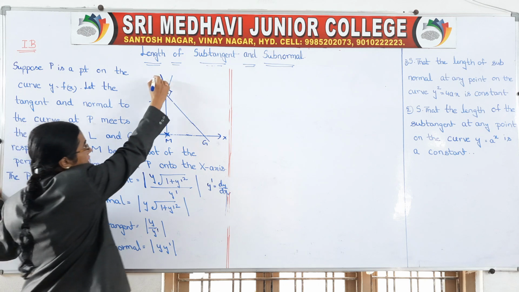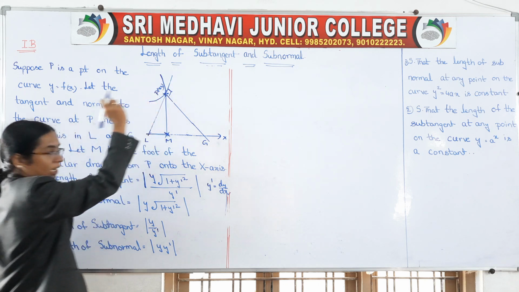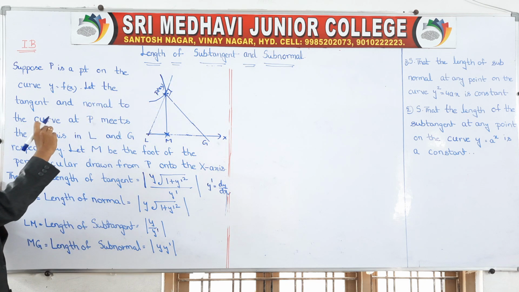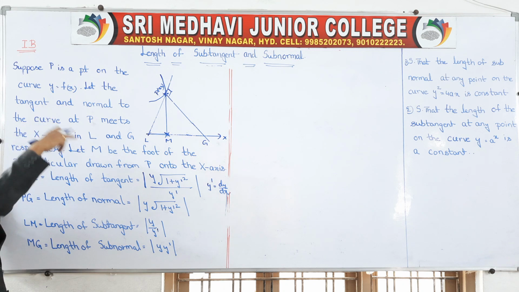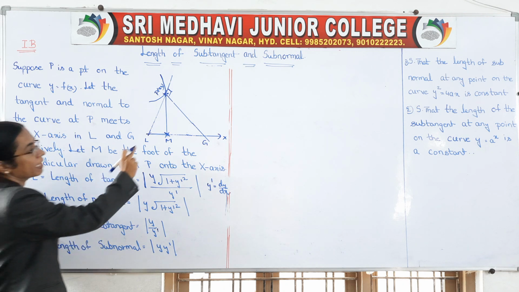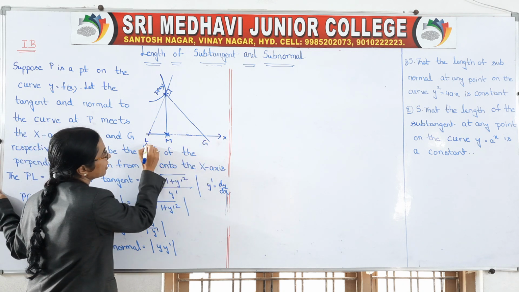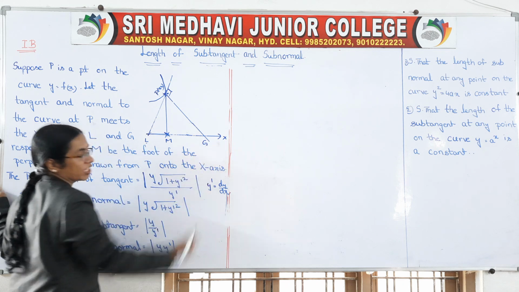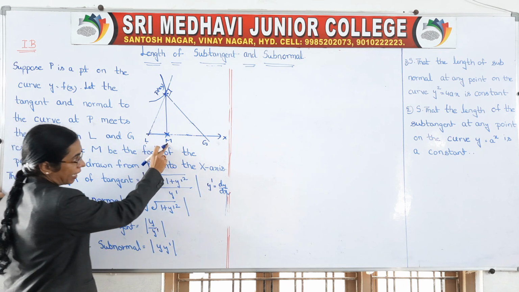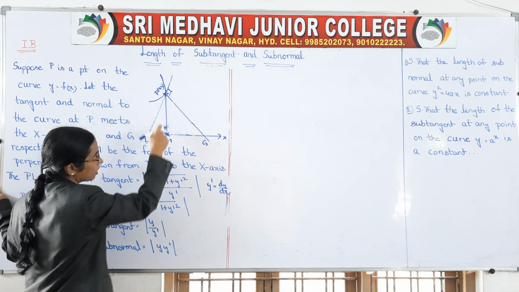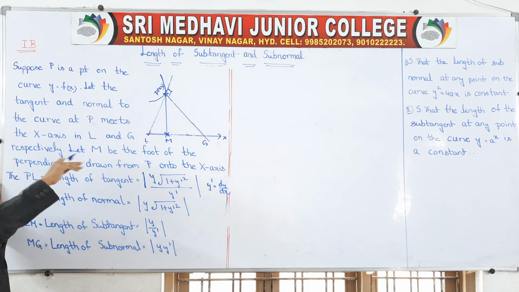At a point on the curve we have taken one tangent and one normal. They meet the x-axis at L and G, and M is the foot of the perpendicular from P on the x-axis.